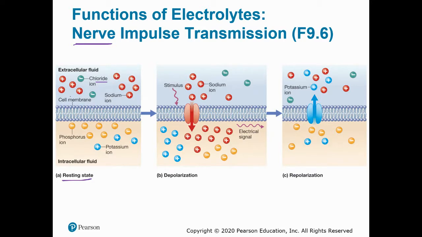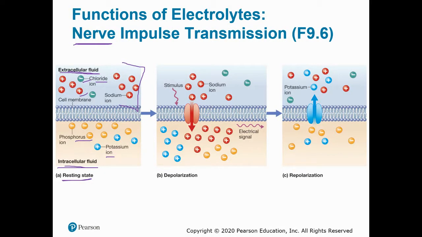So at the resting state, it's not actually totally balanced, but we have what we call a homeostatic state. So we have specific amounts of anions and cations outside the cell in the extracellular space, and specific amounts of anions and cations inside the cell in the intracellular space.